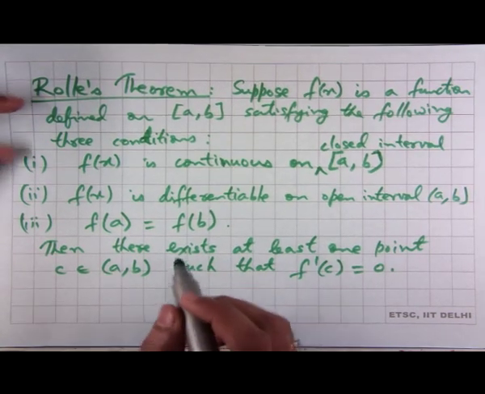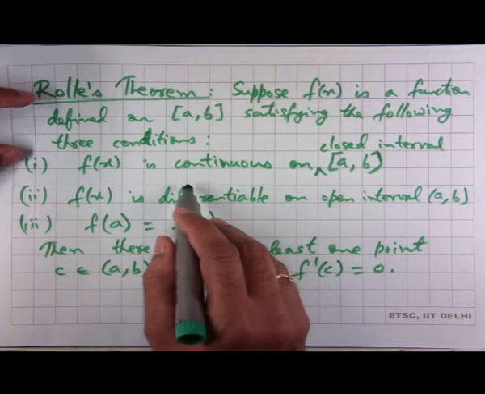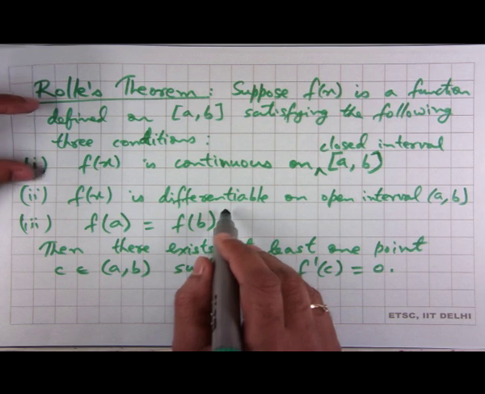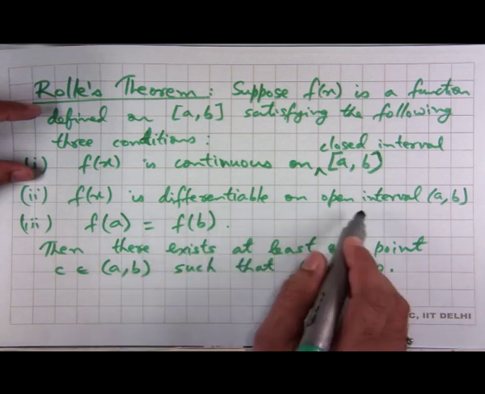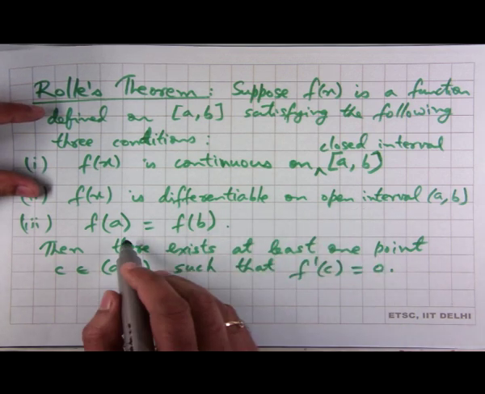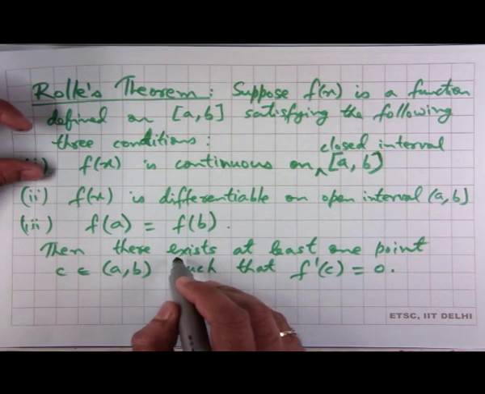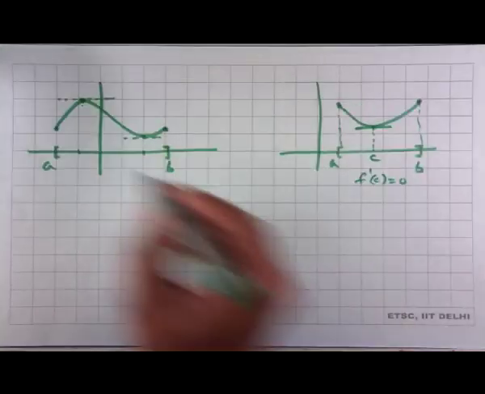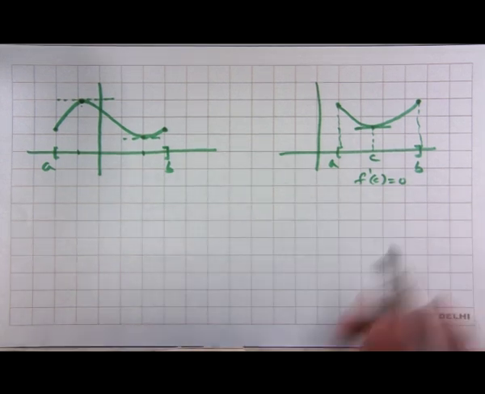So, what this theorem says is that no matter what the function is, if it satisfies these three conditions, that it must be continuous in the closed interval [a, b], differentiable on the open interval, and f(a) is equal to f(b), then we must have that at some point in between a and b the derivative must be 0.